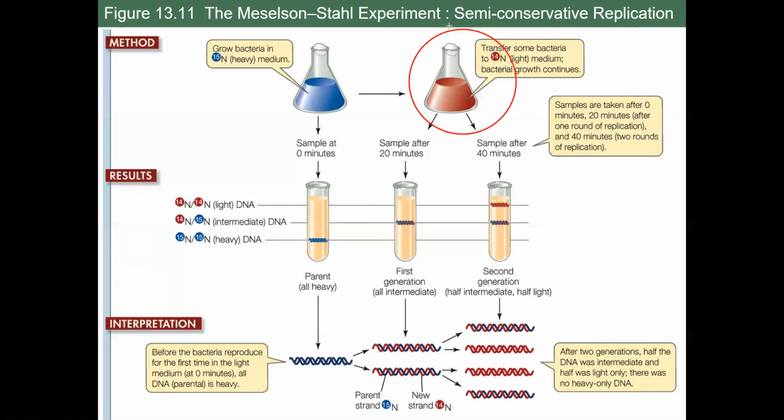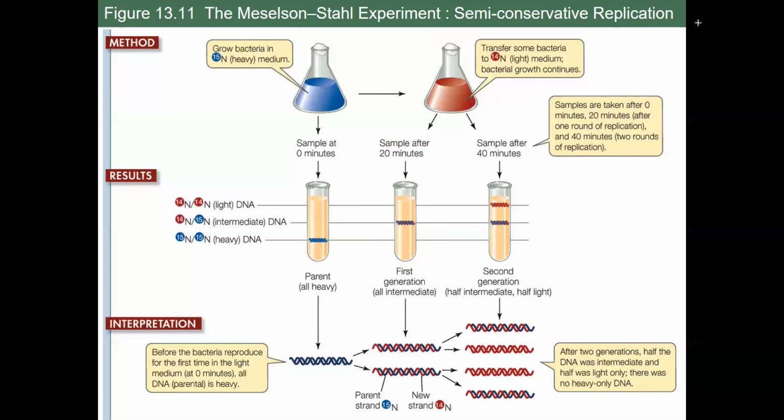What they found as a result was that all of the DNA collected from those bacteria was slightly lighter than the previous generation, because it had semi-conservatively replicated.